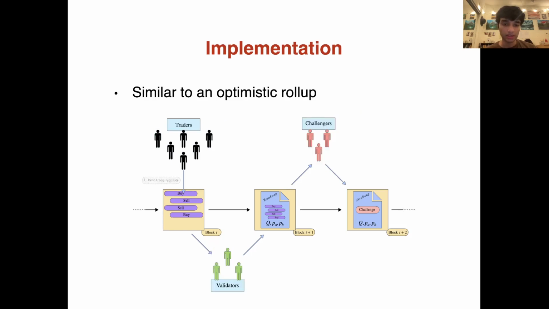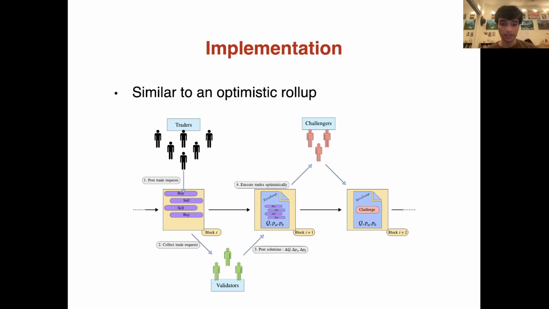The first step is that the traders post trade requests of buying and selling an asset. Second, the trade requests are collected by the validators. Third, they post solutions, meaning they post changes to the protocol parameters in the form of changes to the Q table and the ask and bid prices.